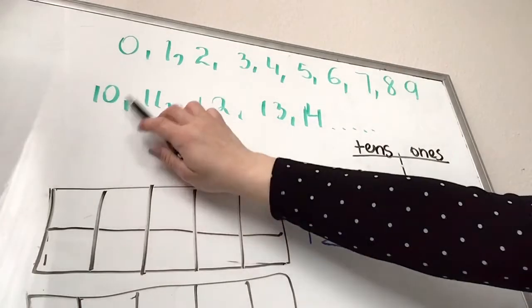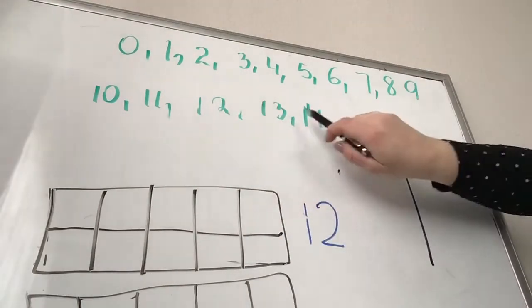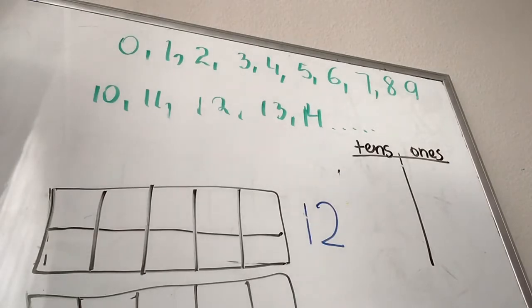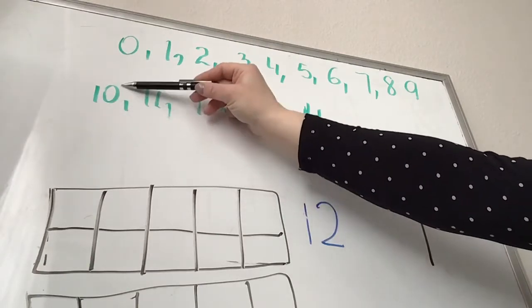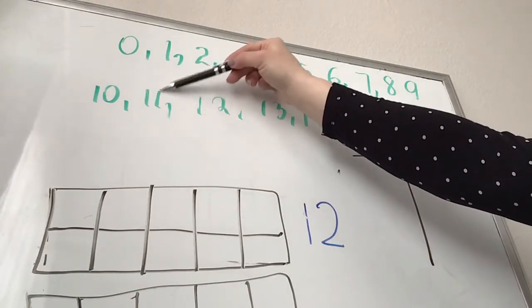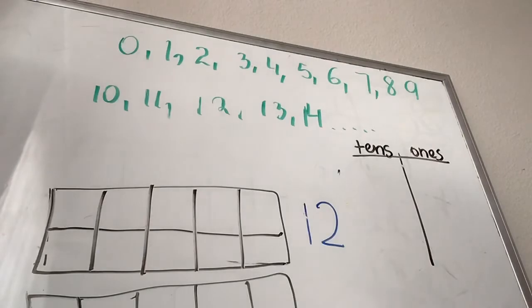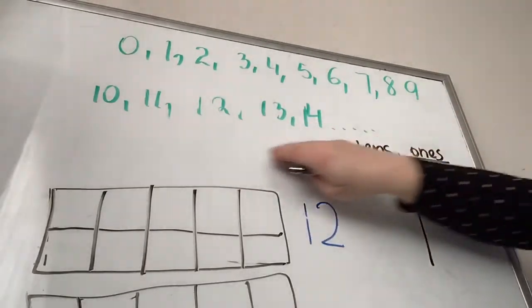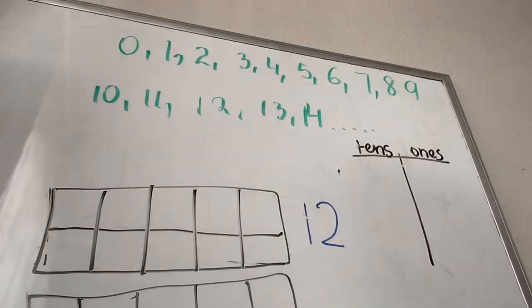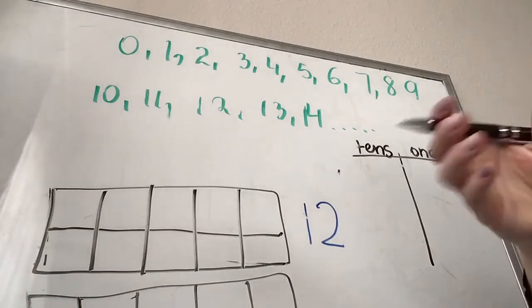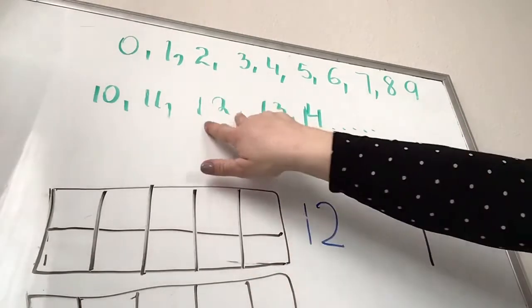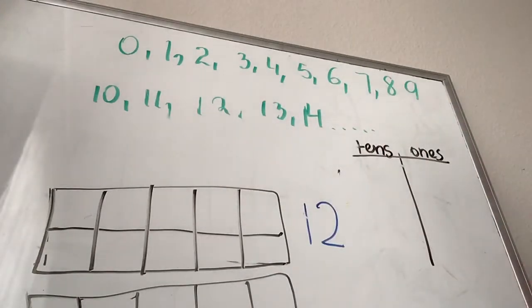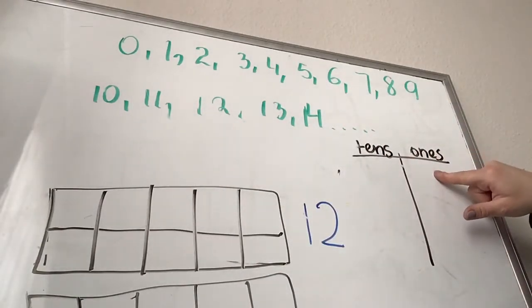Well, numbers 10, 11, 12, 13, 14, and so on are called two-digit numbers because here's one digit and here's another digit. In these numbers, we say that digits fall into a special place. It's called place value, right? So we break a two-digit number into tens and ones.